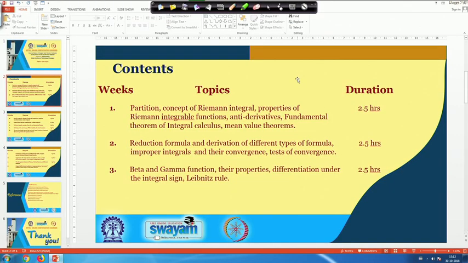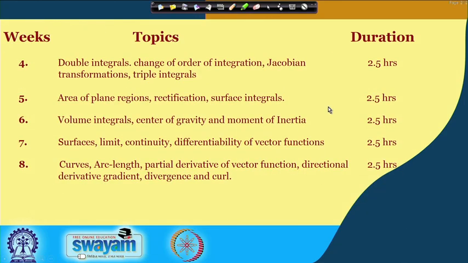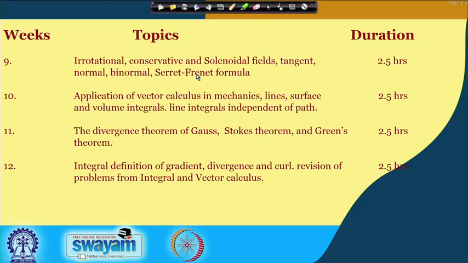According to your syllabus, today we are going to cover the triple integral.